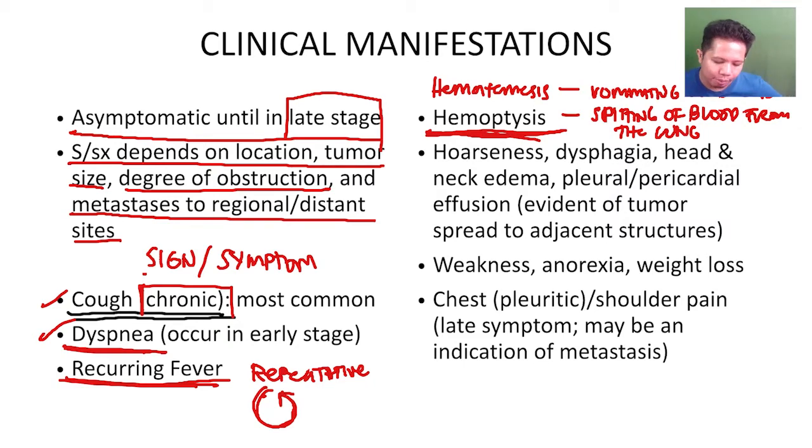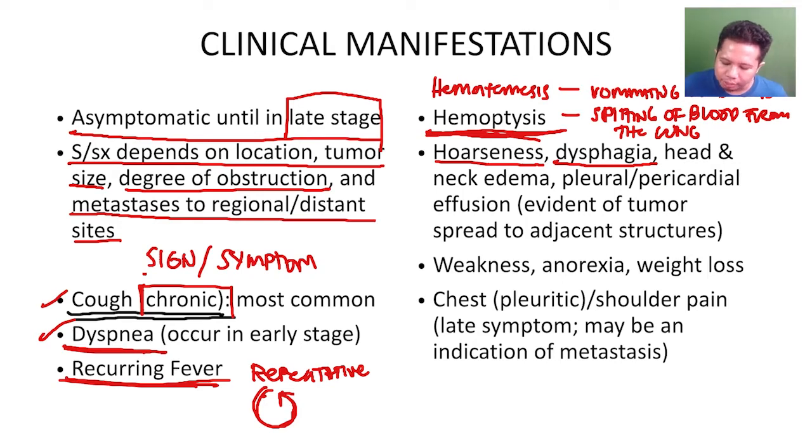Ito yung sinasabi natin dati, hoarseness, garalgal yung boses, the voice is a little bit choked and not that audible enough. That's hoarseness, garalgal or parang paos. Dysphagia, hirap lumunok, difficulty in swallowing.